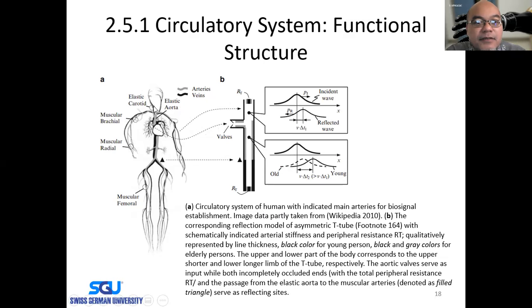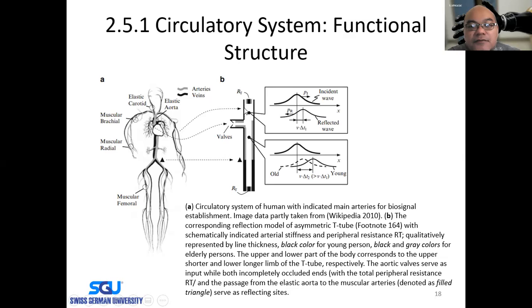So, for example, here at the elastic carotid, musculobrachial, musculoradial, musculofemoral, different biosignals can be captured. Usually they are like this because of the branching. This is the model: an asymmetric T tube.